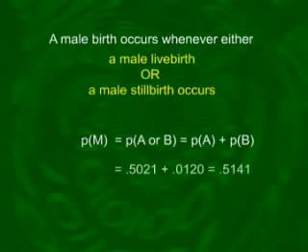That is, probability of the male birth is equal to the probability of male live birth plus the probability of male stillbirth, and this is equal to 0.5021 plus 0.0120, and that is equal to 0.5141.